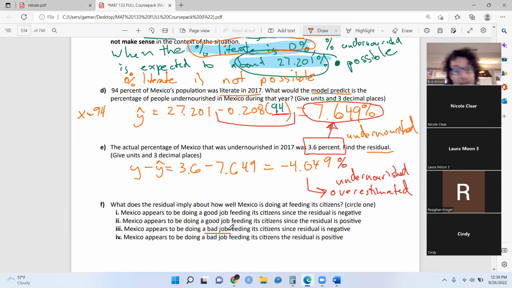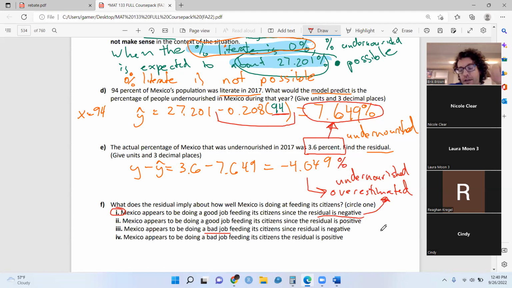Well, they're not doing a bad job because they're doing better than we would expect, right? We expect 7% to be hungry, but only 3% is hungry. So they're doing a good job, and that's because it's actually I. They're doing a good job because the residual is negative, which means an overestimate.